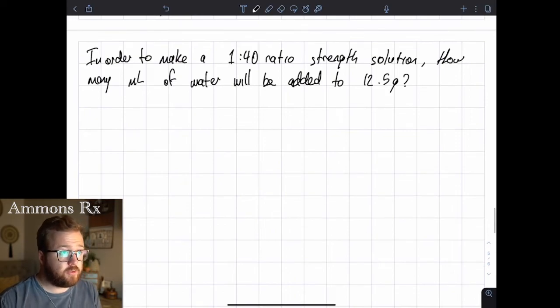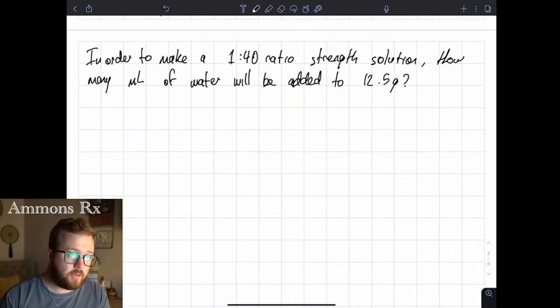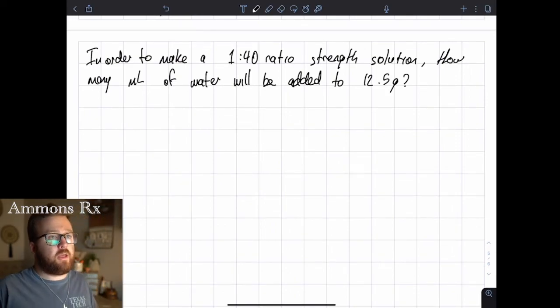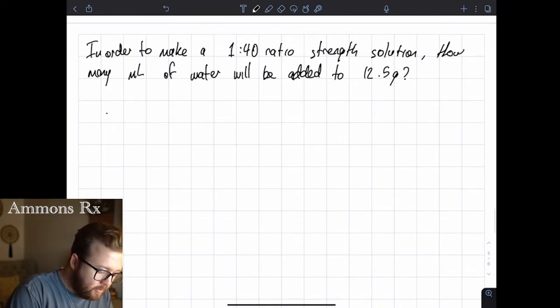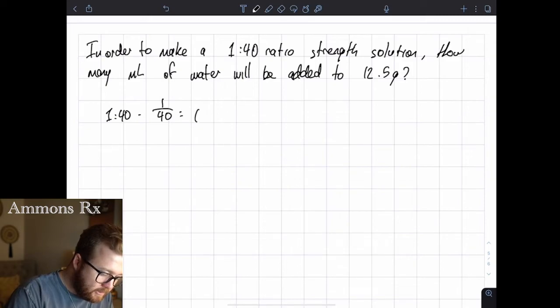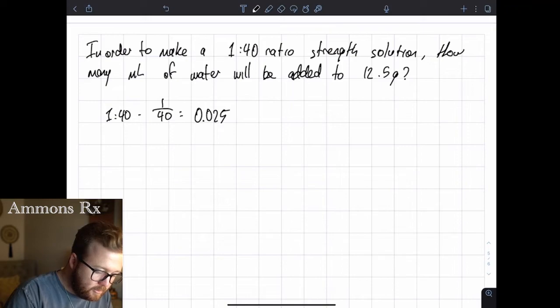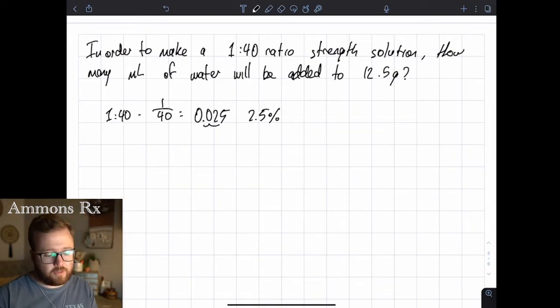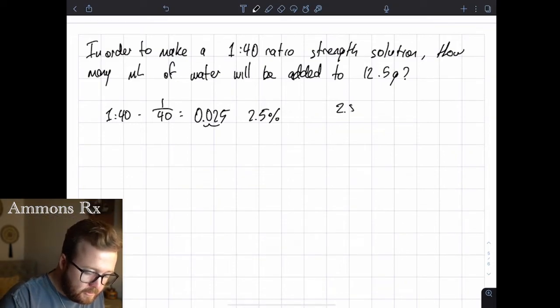We need to turn that into a percentage because the percent strength will help us figure out how many grams there are and then the volume. So remember, when you have 1 to 40, it's the same thing as doing 1 over 40. So 1 divided by 40 is the same thing as 0.025. And I need to convert that into a percentage. So that's 2.5%. Okay, now because I know what percent strength means, I know that that's 2.5 grams over 100 mLs.